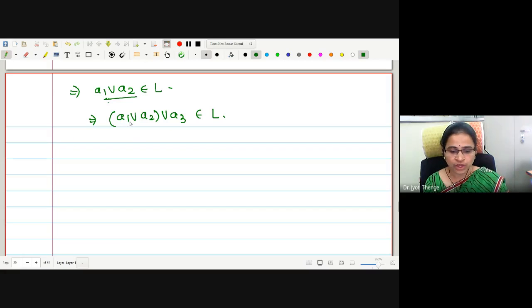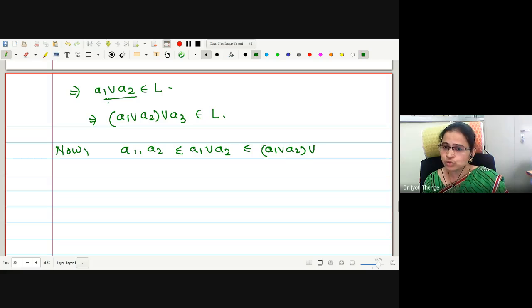To check whether it is LUB or not, first we have to check whether it is upper bound for A1, A2, A3. Therefore, we know A1, A2 both precede by A1 join A2, and A1 join A2 will precede by A1 join A2 join A3. Therefore, A1 join A2 join A3 is upper bound of A1 join A2 and A3 as well.